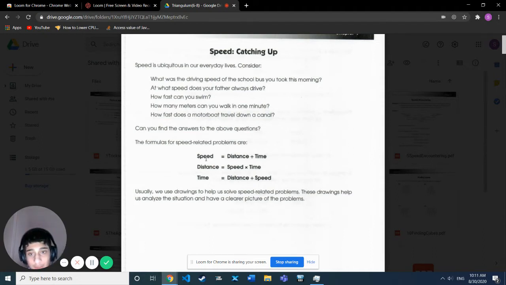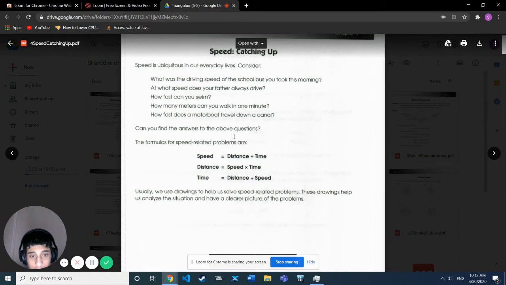The formulas you need to know are speed equals distance divided by time, distance equals speed times time, and time equals distance divided by speed. These are really the same formula, and if you know basic algebra, you should be able to derive the other two from just one of these. We also usually use drawings.